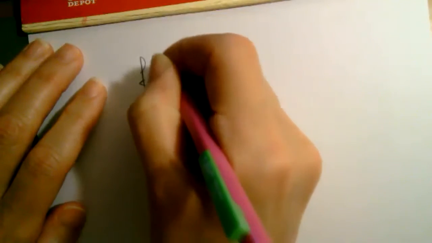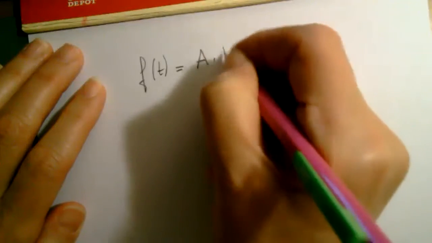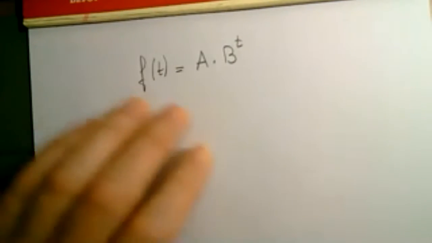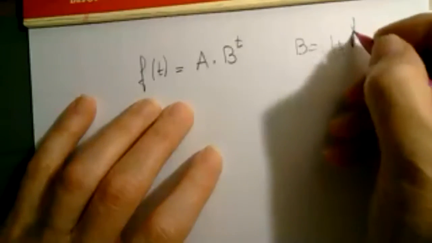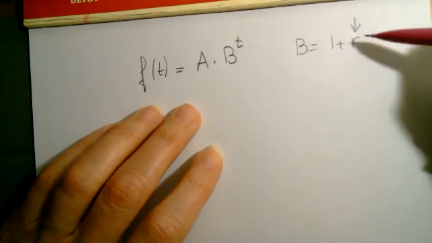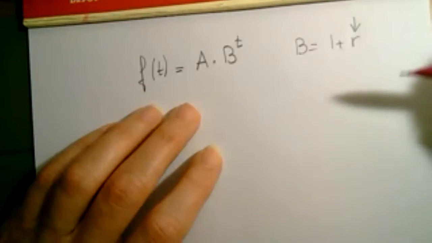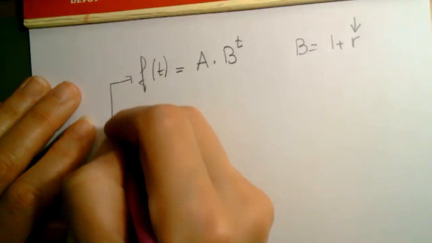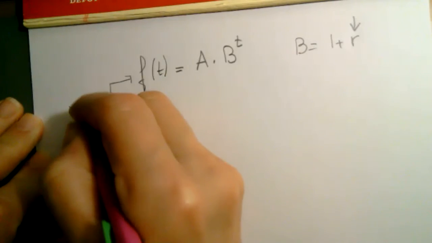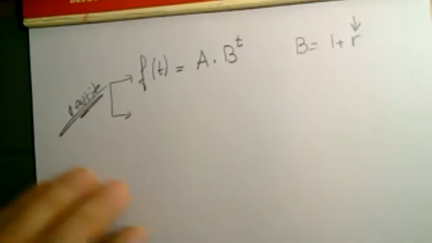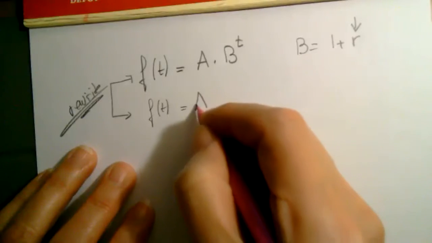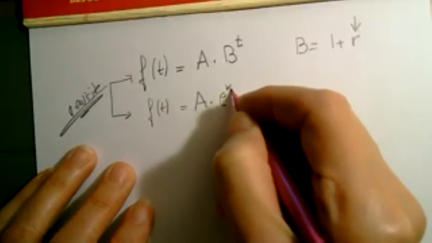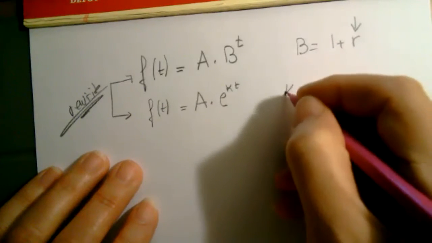So far, every exponential function could be written in the form a times b to the t, where b is 1 plus by what percent our quantity increases or decreases. That's how we wrote them. Today, we're going to rewrite f in a different format, e to the kt, where k is a constant.